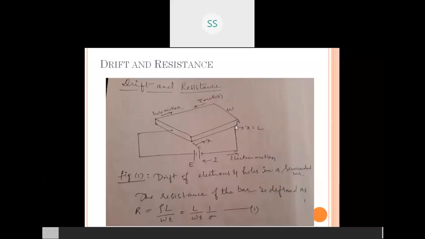So as and when a hole reaches x equal to L, recombination takes place with an electron, and therefore this particular hole disappears.